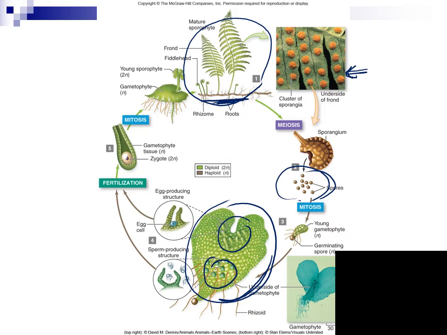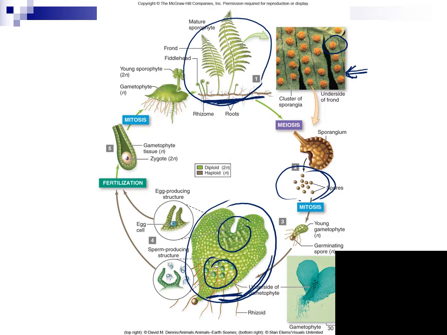So if we look at this life cycle, which I'm not going to have you label a life cycle or anything for a test, but hopefully you can recognize the fern up here at the top, which would be the sporophyte generation. And so if it's a sporophyte, then it's going to be making spores, and you can see that there are these sori on the back of the leaves that produce the spores, and when the spores germinate, you make the gametophyte generation, which is right here.